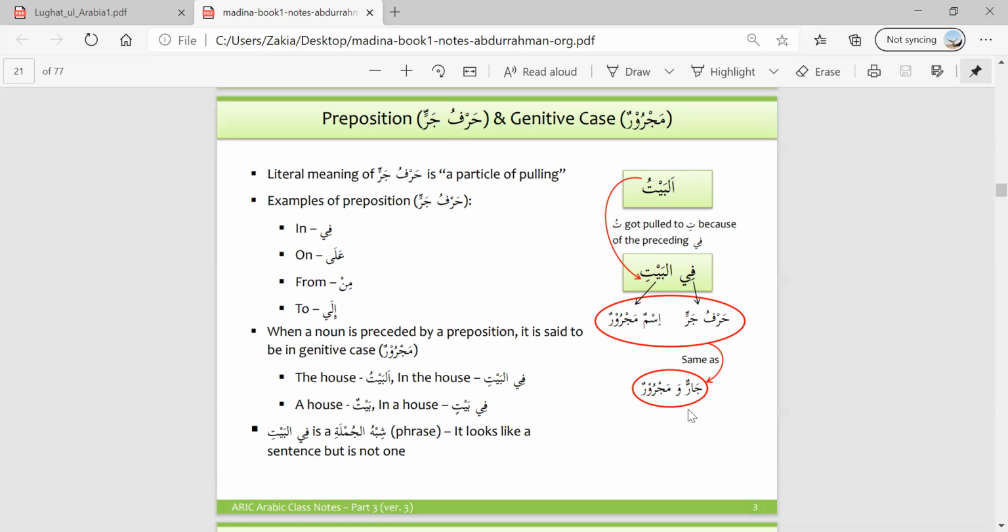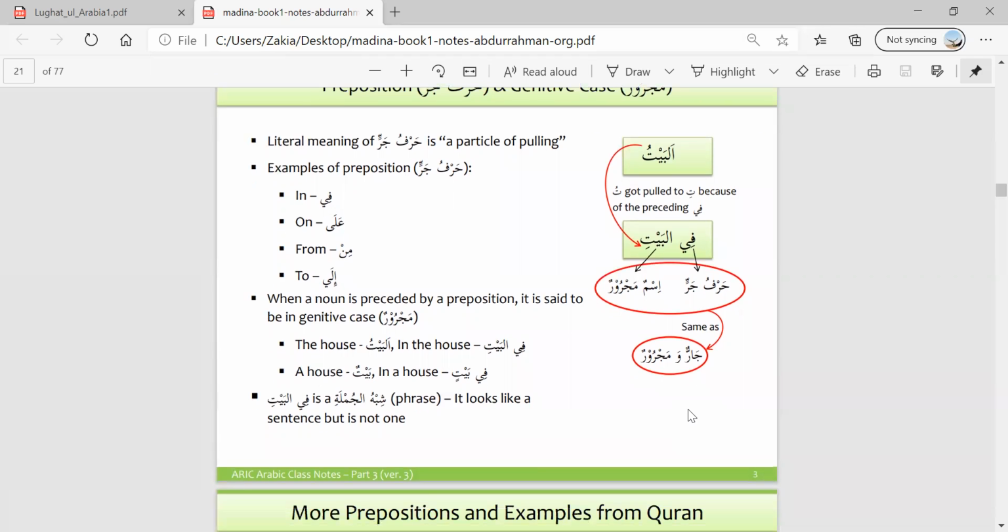Okay, jar wa majroor is how some Arabic professors, especially our Arabic professor, refer to it, and you can say jarrun wa majroor. He says both, but if you're watching any other videos and they say jar wa majroor, it basically means the same thing.